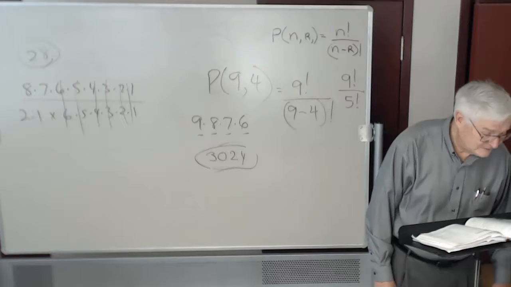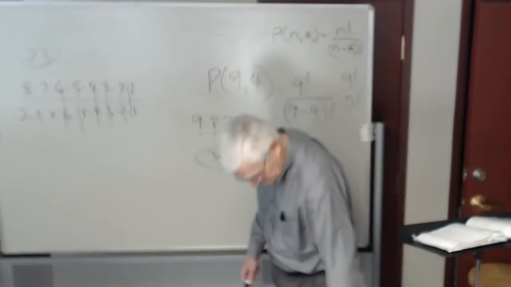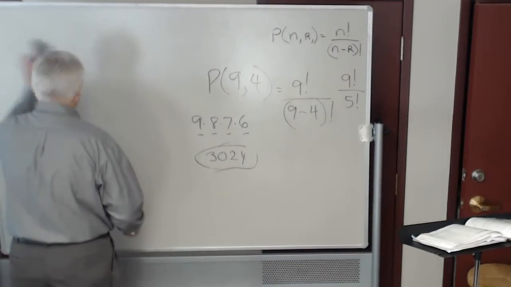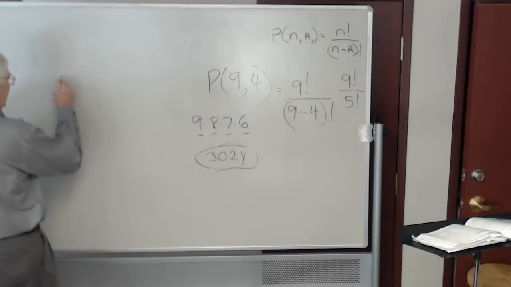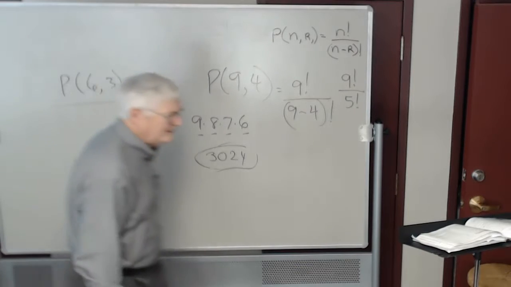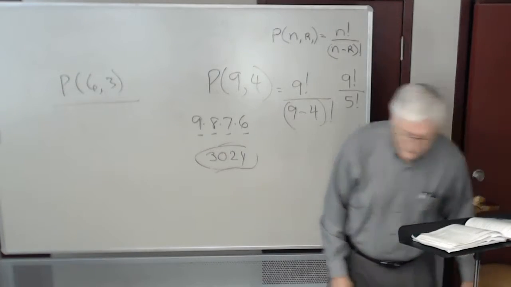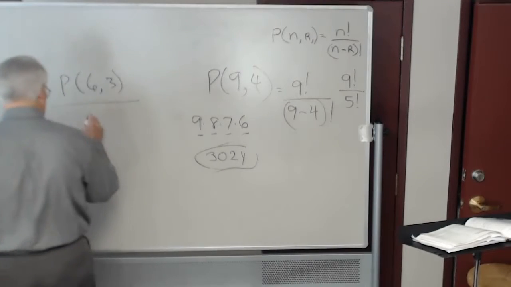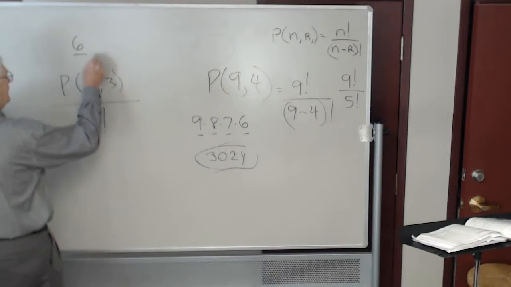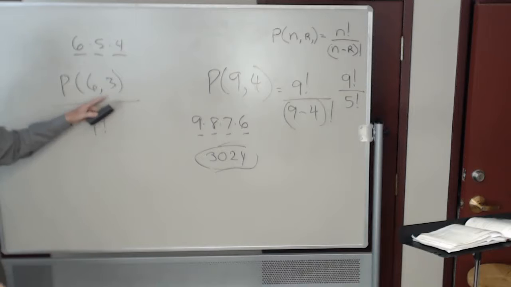Number 16, permutations of, what's it say? A permutation of 6 things taken 3 at a time, divided by what? 4 factorial. So this would be 6 times 5 times 4. Everybody follow that?